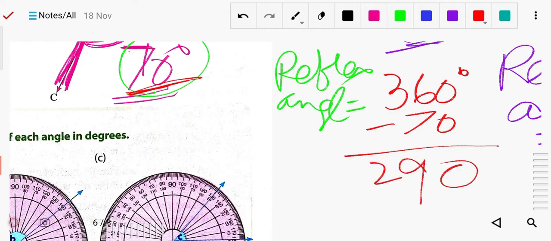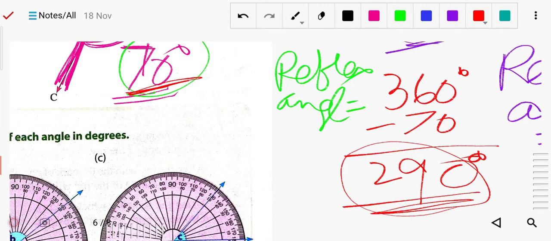This is 290, which is more than 180 and less than 360. So this is your reflex angle. A reflex angle will always be greater than 180 and less than 360. Got it?